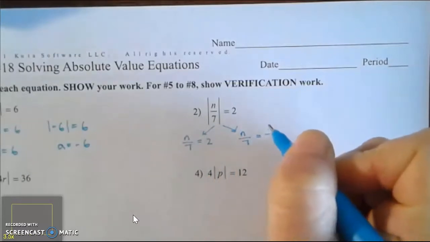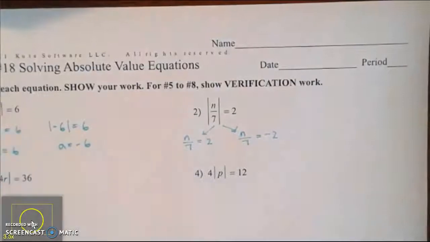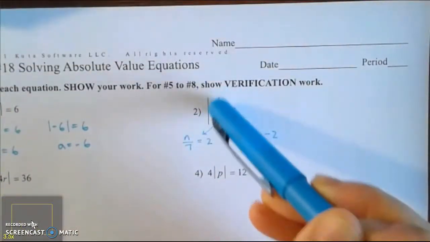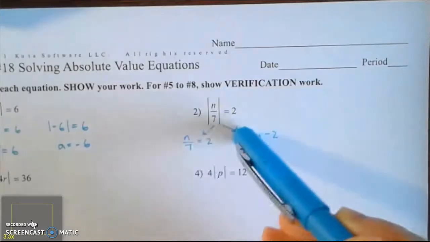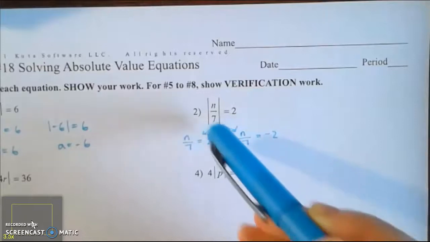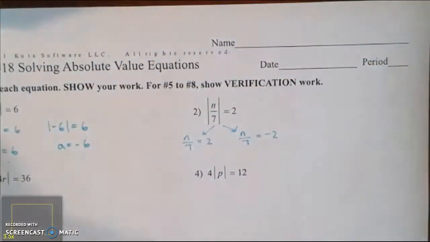Okay, so there are two different possibilities. Now notice that when we consider the two different equations, the absolute value symbol disappears because we have basically applied it.